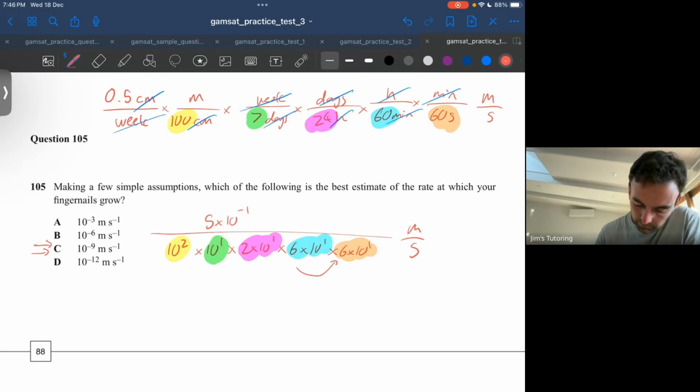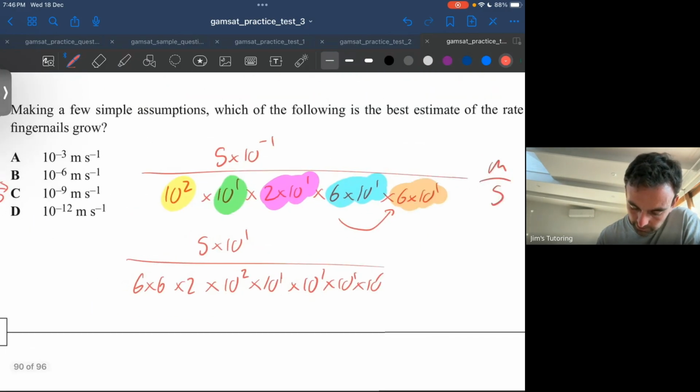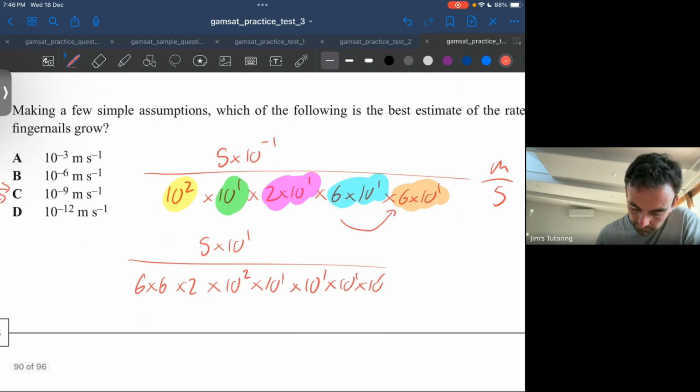The 5 by 10 to the minus 1 can just stay like that. If I've got things like this, I like moving all the numbers to one side. So we go 6 by 6 by 2, by 10 to the 2, by 10 to the 1, by 10 to the 1, by 10 to the 1, by 10 to the 1. Sorry, I got a little bit messy there. As I said, 6 by 6 is 36, times 2 is 72.